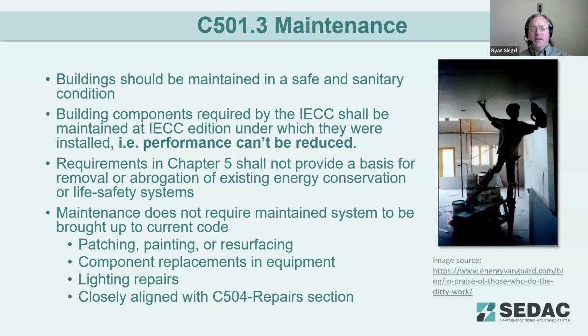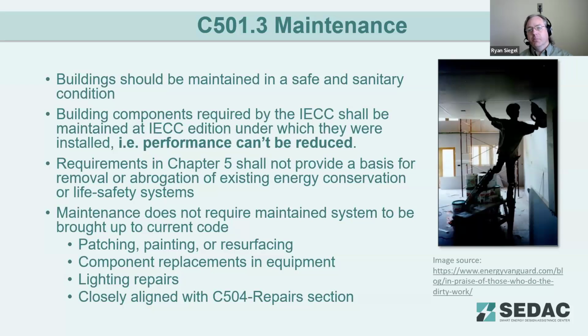So again, the goal here is we want to maintain the level of performance of a building, not diminish it over time. So many times maintenance aspects are not going to be covered under building permits. Local jurisdictions generally don't require building permits for routine maintenance.